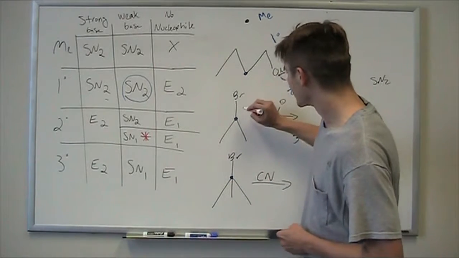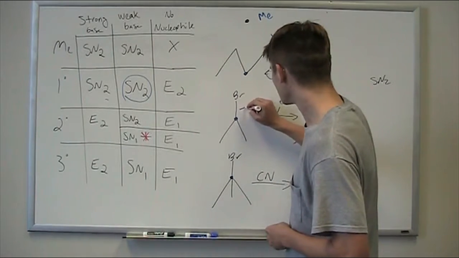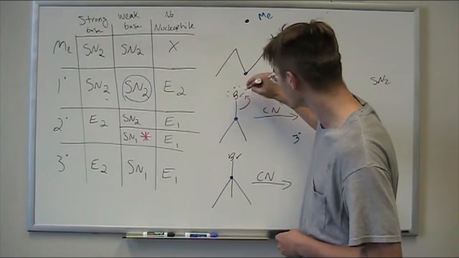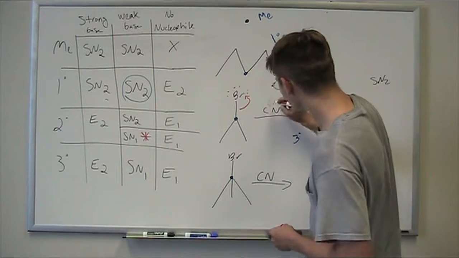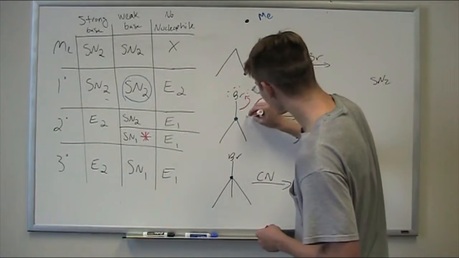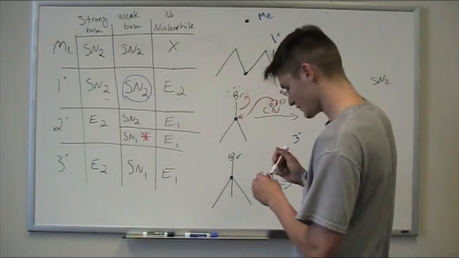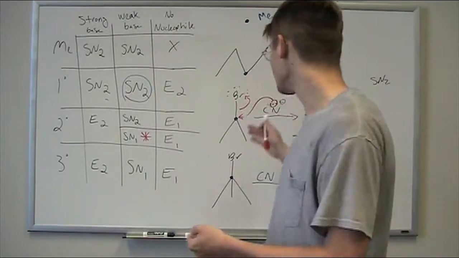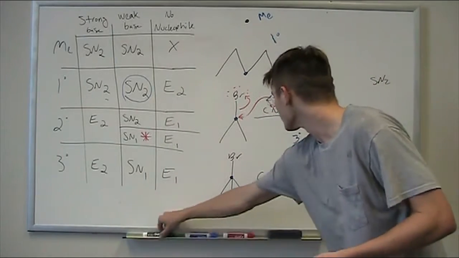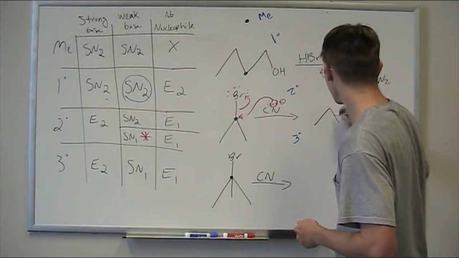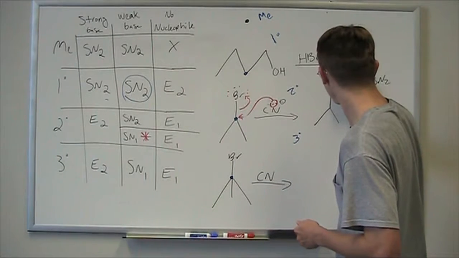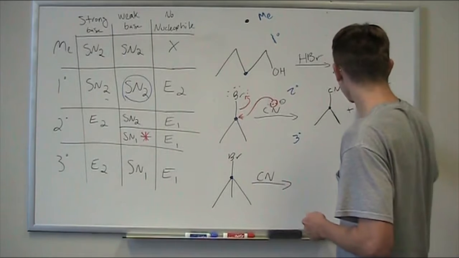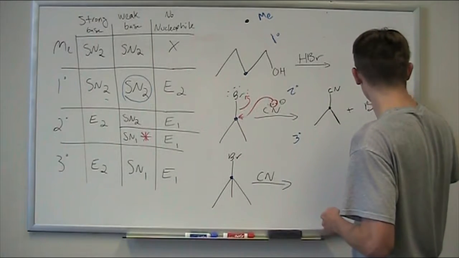So, SN2, everything happens at once. So this is going to break off, getting rid of the bromo. And these electrons right here are going to attack right there. So you're breaking a bond, and once you break a bond, you always have to form a bond. So our answer would look like this, plus your bromo.